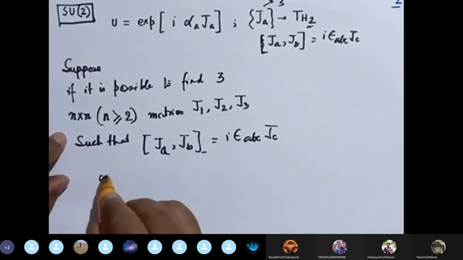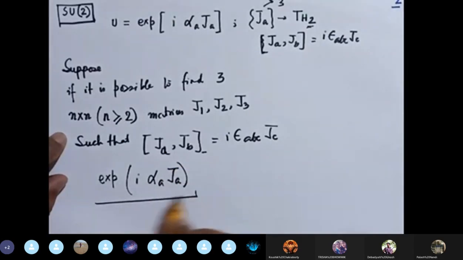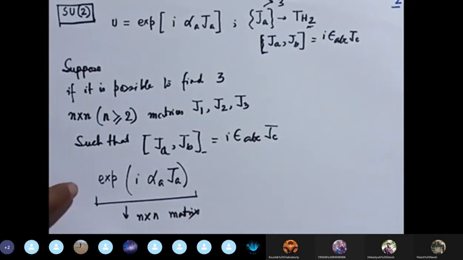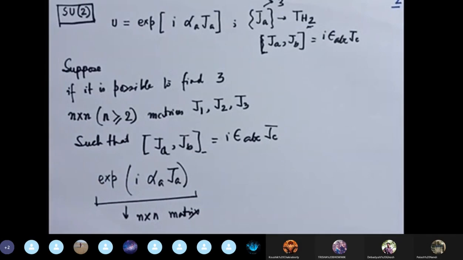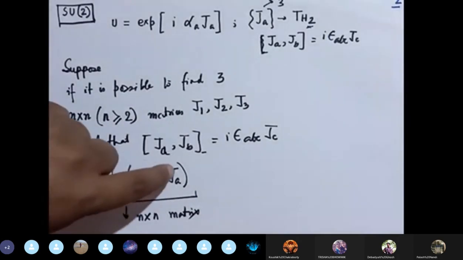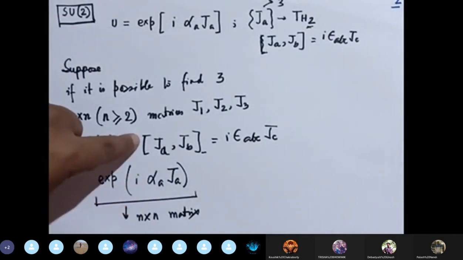Then the set of all such matrices corresponding to all possible values of alphas form a group of, say, 3 by 3 matrices, but it satisfies the same Lie algebra as SU2.